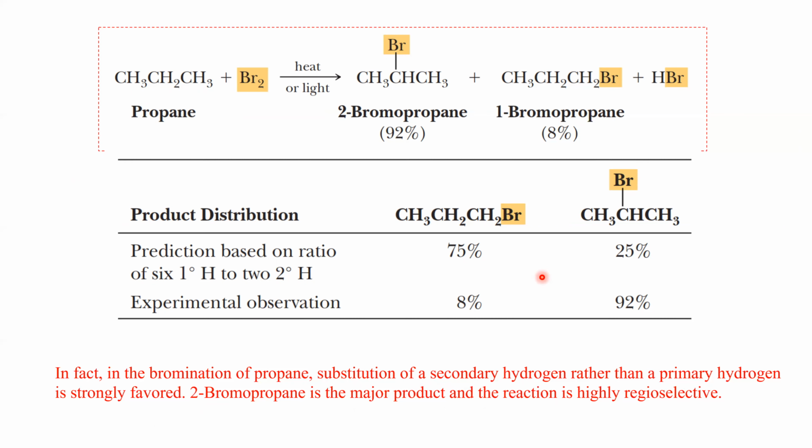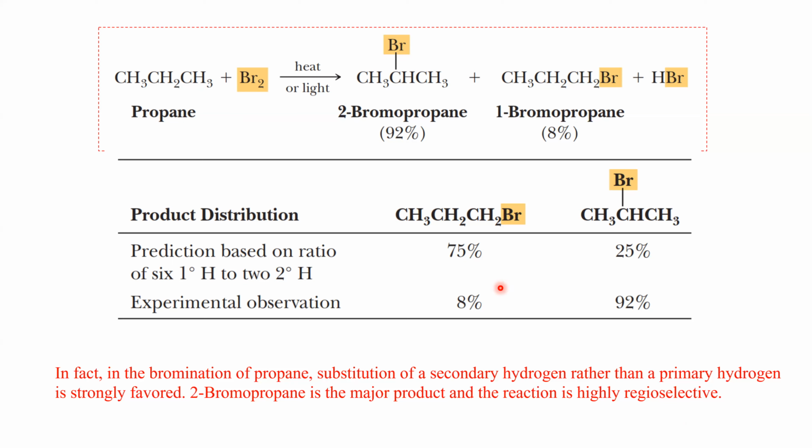High regioselectivity is termed when there is a huge difference between the minor and the major product. We will see another example with chlorine, where this is not as regioselective as bromine is.